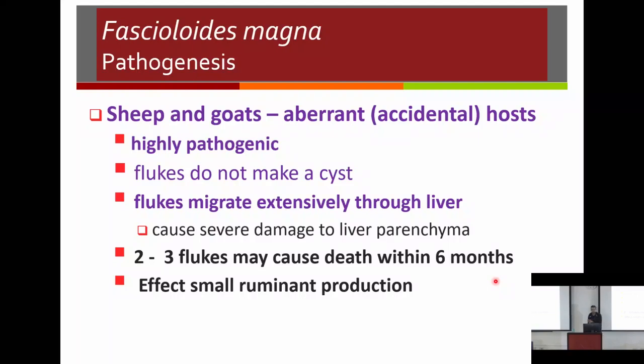In sheep and goats, because they are accidental hosts, it is also pathogenic, but in this case the flukes do not form a cyst. They just migrate in the liver, and again a few flukes may cause severe disease, responsible for production losses, and in severe cases the animal dies.